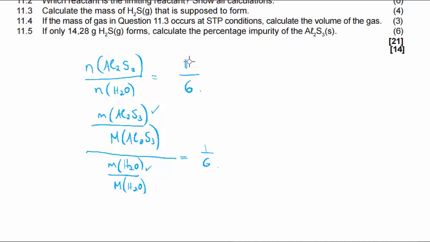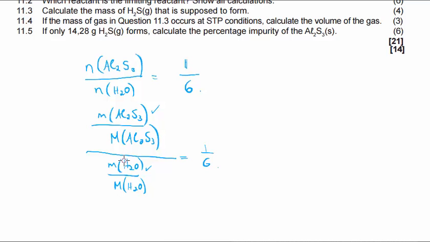1 mole used needs 6 moles used. So I must either use all of my aluminium sulfide and work out how much water I will need. And let's say I work out I need 16 grams of water, but I have 17, which one was in excess? Water.